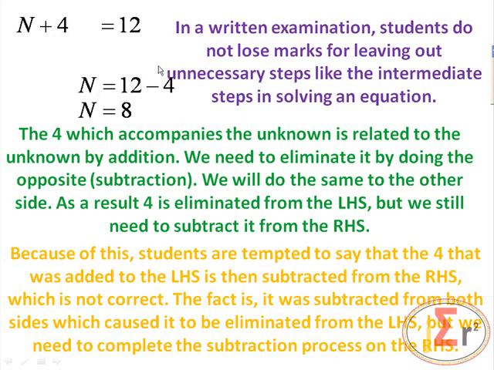So the fact is, it was subtracted from both sides, which caused it to be eliminated from the left-hand side, but we need to complete the subtraction process on the right-hand side. Therefore, we did not subtract from one side, but from both sides. On one side, it was eliminated, and we need to complete the subtraction process on the other side.